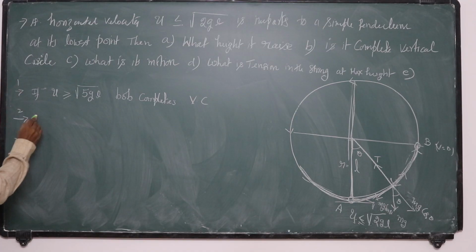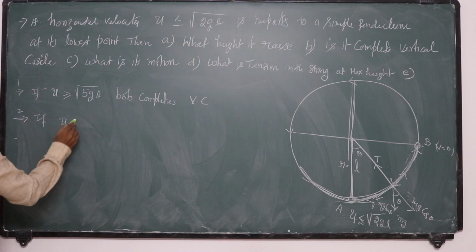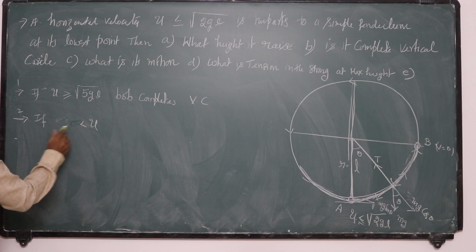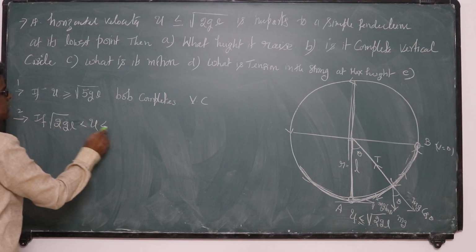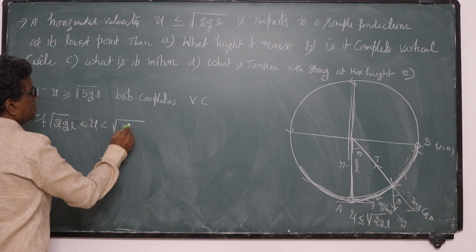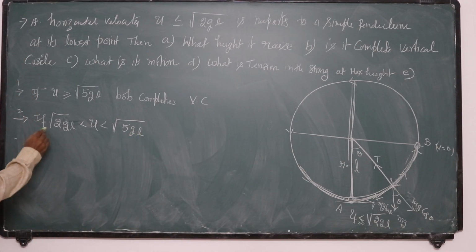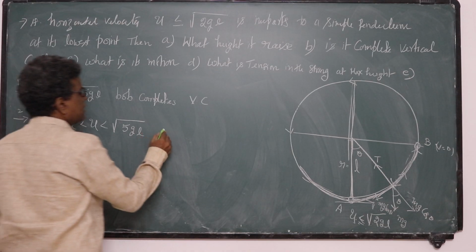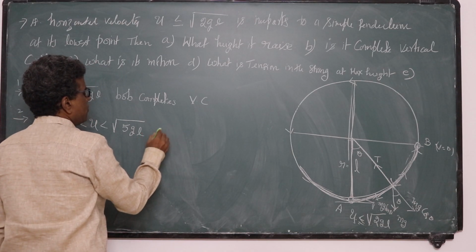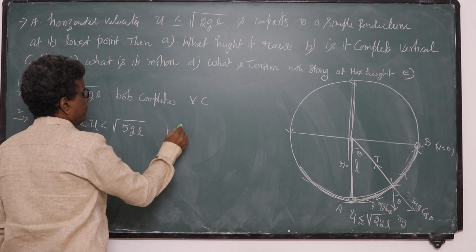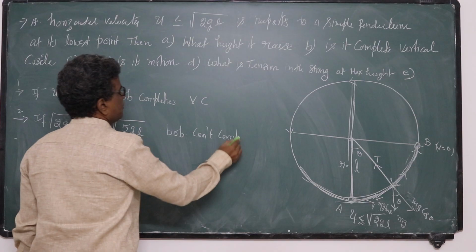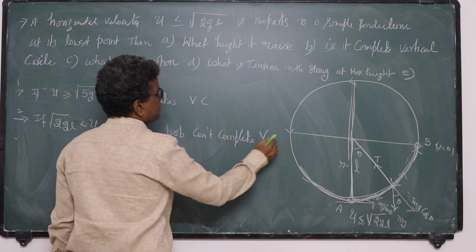Point number 2, if u lies between root 2gL and root 5gL, that means its value lies between square root of 2gL and root 5gL, what will you get? The bob cannot complete the vertical circle.